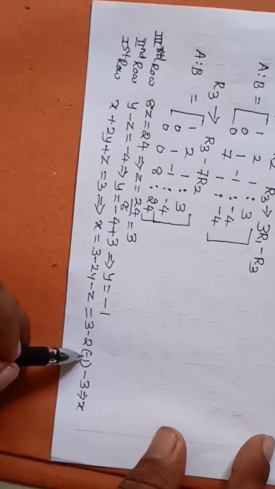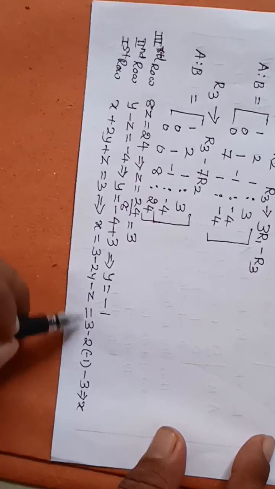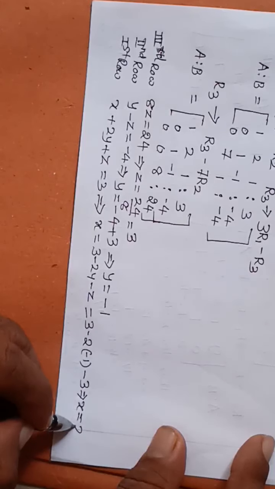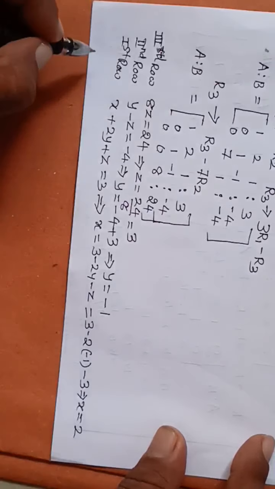So minus 2 into minus 1 is plus 2, 3 plus 2 minus 3 is 2. So x is equal to 2.